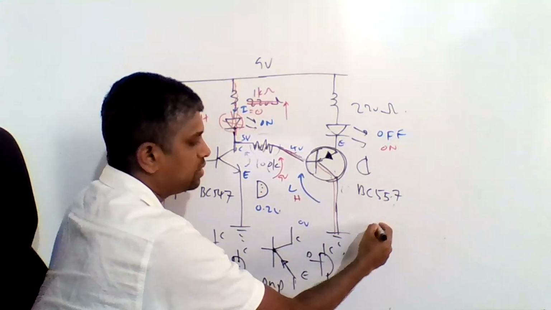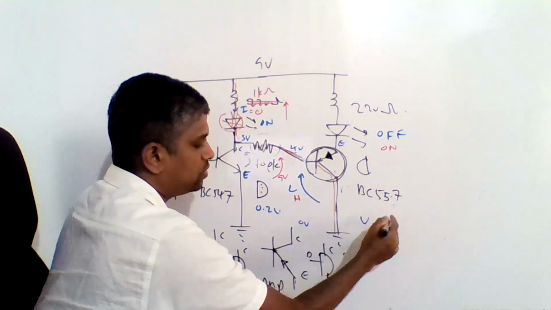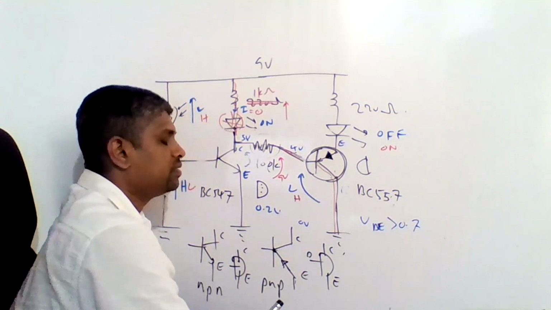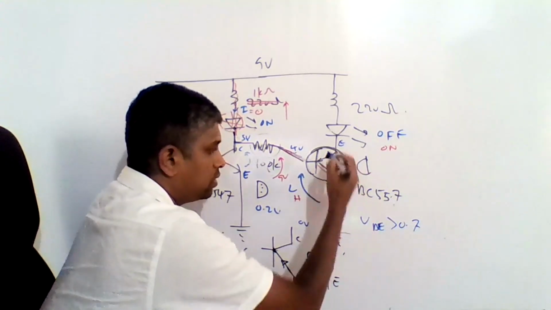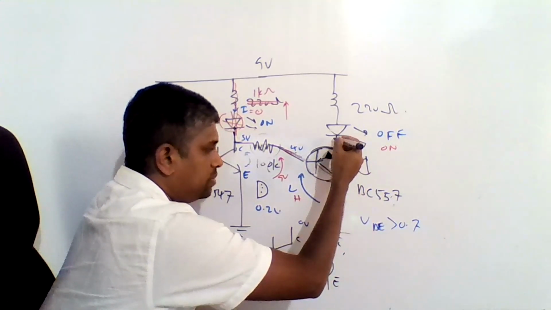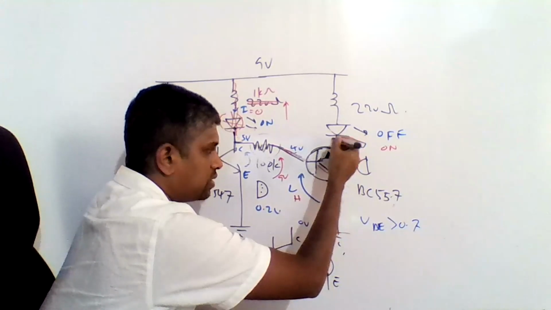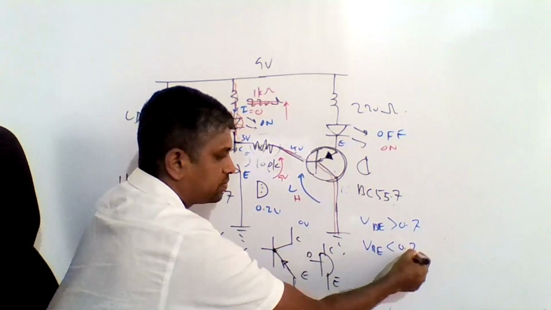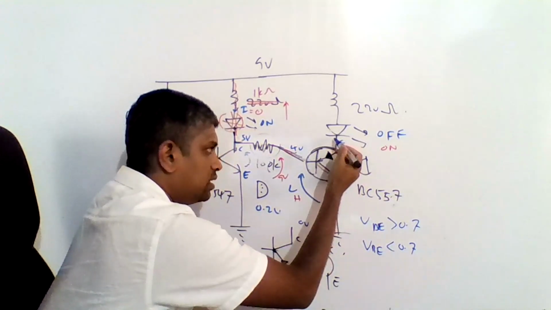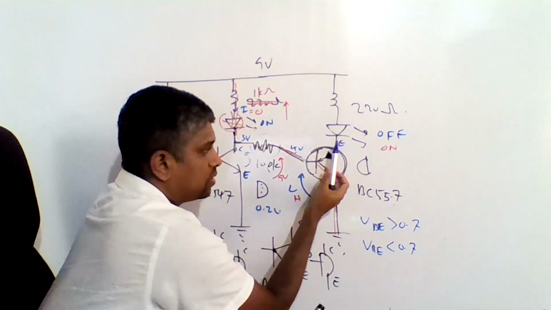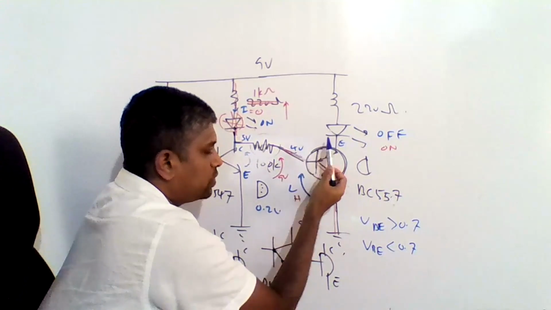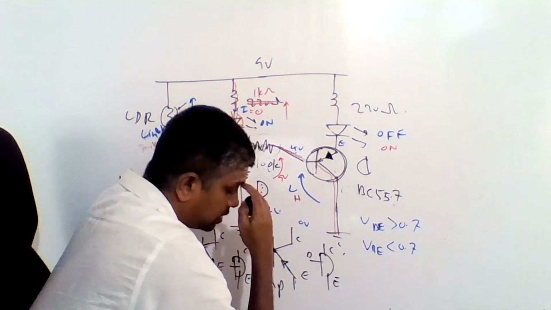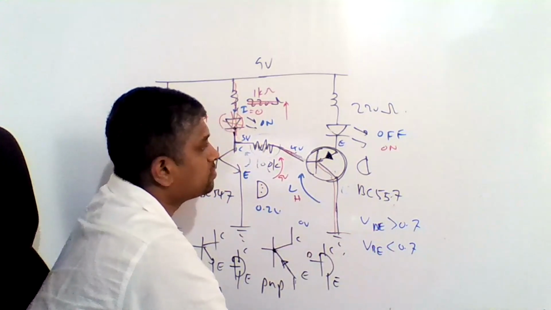Normally, when the base emitter voltage is greater than 0.7, the transistor will turn on. Here it's the opposite direction. Compared to the emitter, the base voltage is less than 0.7. This will turn on, right?